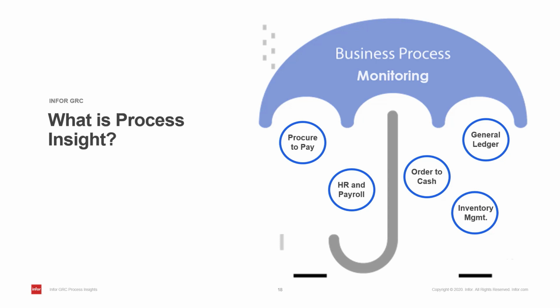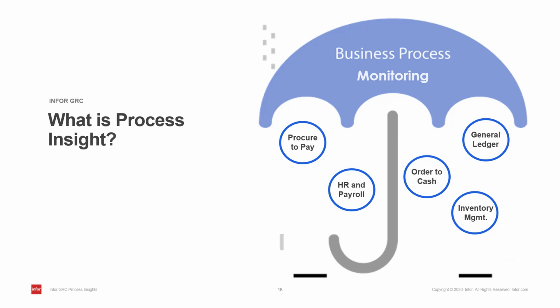It's an umbrella feature that covers most of your business process monitoring with the different modules, and it provides you a result in a complete 360-degree view analysis of the details, and you can also mitigate those violations and do your investigation. And to add to it, there are also reports available at the summary level and detail level both. So that is what Process Insight is.